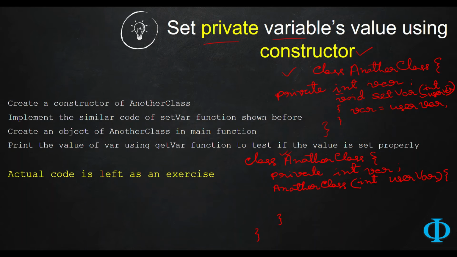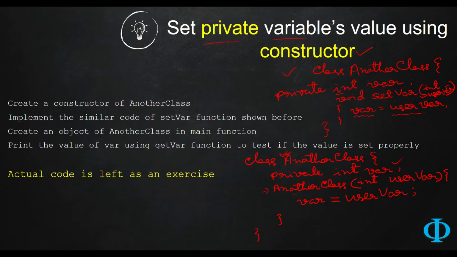And exactly the same as set var, since it is a constructor it does not have any return type, and the name is the same as the class name, another class. And finally just set the value of the private variable, which is going to be var equals user var. And that is it.